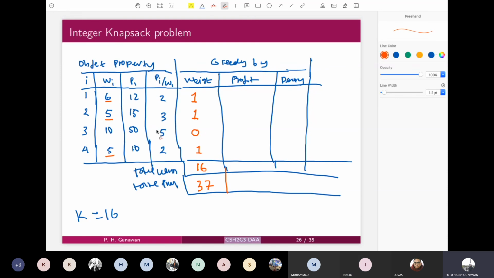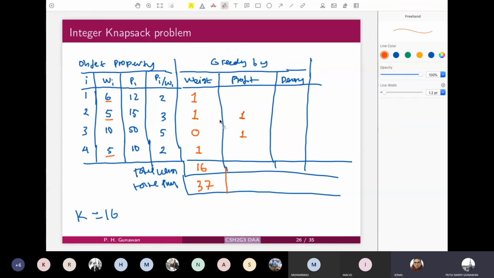So if I choose the highest profit, then I should pick this one. So then I already have 10 kilograms, and that means I only have 6 remaining. Since this is 15, the largest one is this one, right? So I choose 15.